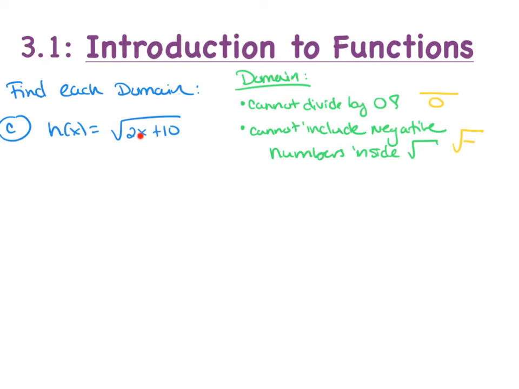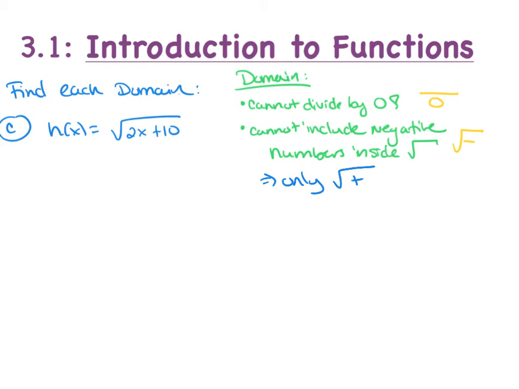Since, again, this domain has an infinite number of x values that could be okay to plug in, we're going to write it as an interval. And I want to remind you that we've got 2 things we're worried about for domain. We can't divide by 0. And we can't include any negative numbers inside square roots. In other words, only non-negative numbers inside our square roots.